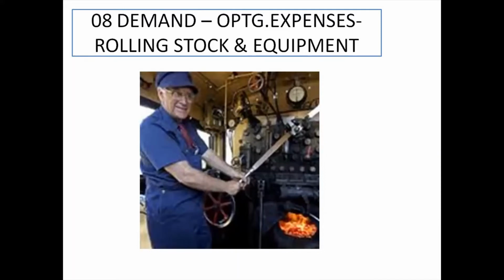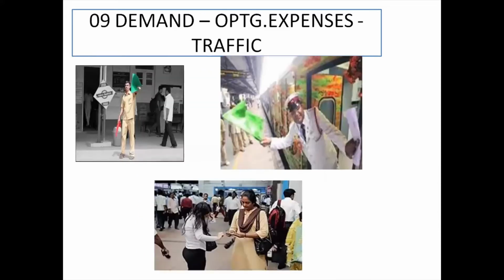Guard means now station manager, the new name. So demand number 9, guard means guard representing the operating department as well as the commercial department. Both he represents. He is responsible for parcels and luggage room. So here demand number 4 is the entire engineering department.